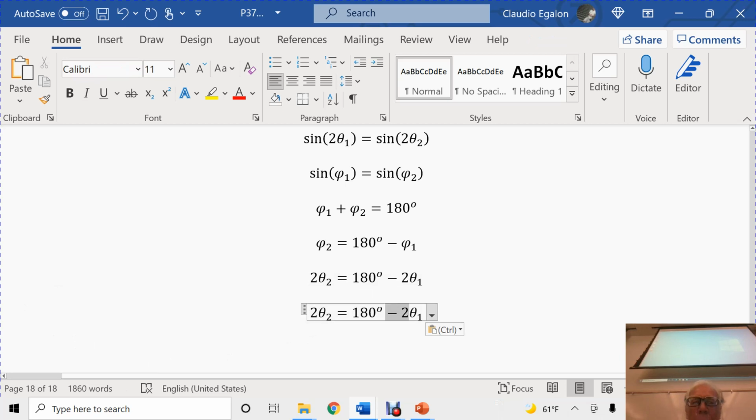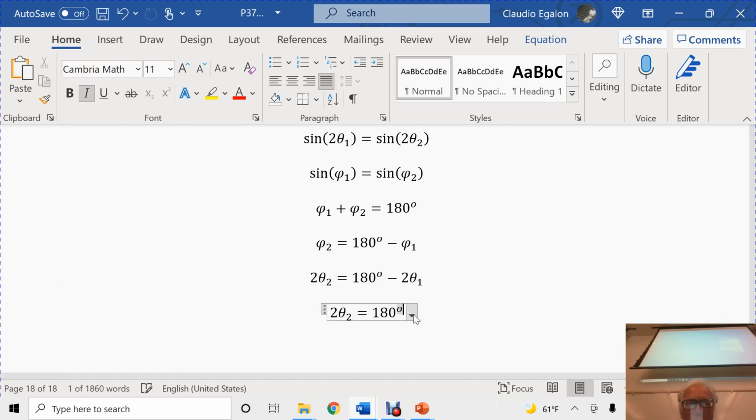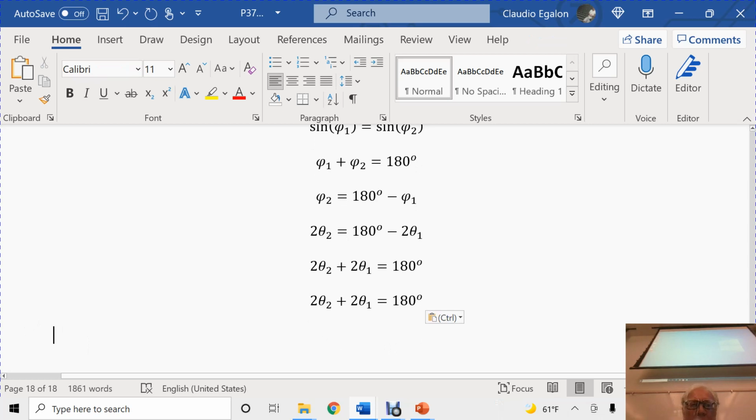Sum. Right? That's the relation between them. And now I can divide both sides by 2. And that's what I get.